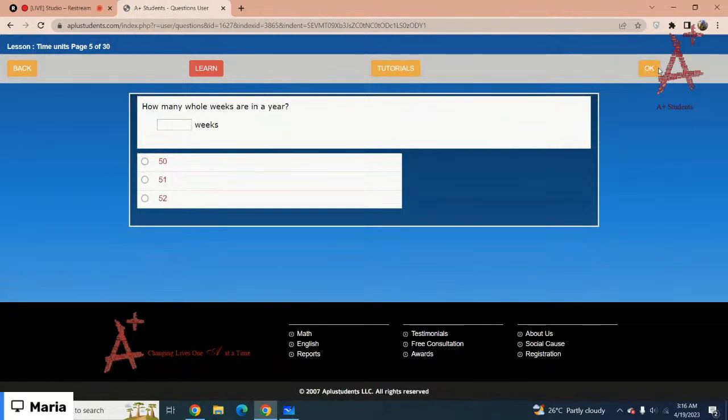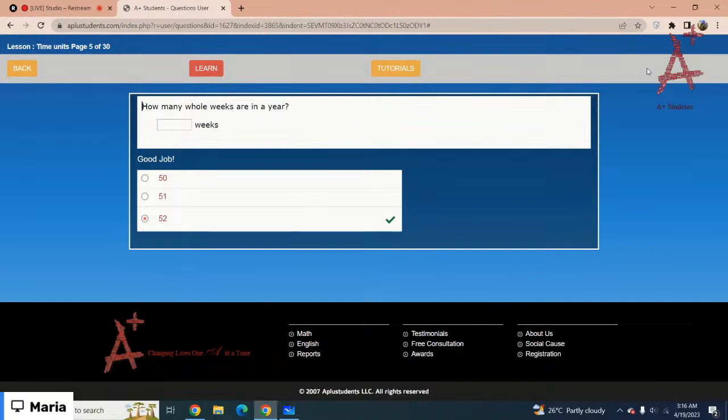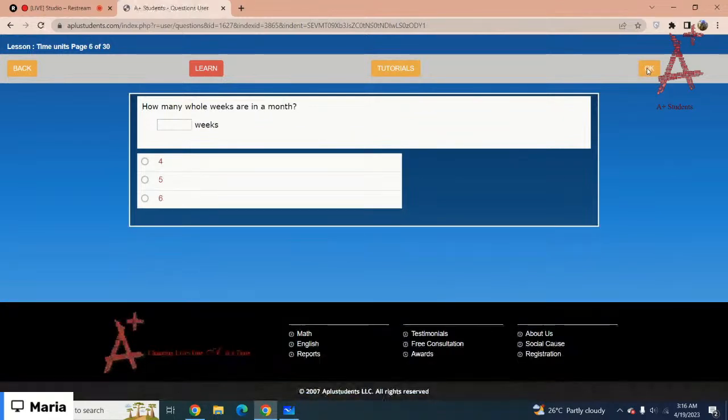Okay, how many whole weeks are in a year? Which is the correct option? So, in a year, how many weeks do we have? That would be 52. Very good. How many whole weeks are in a month?